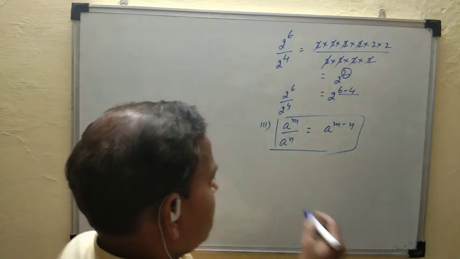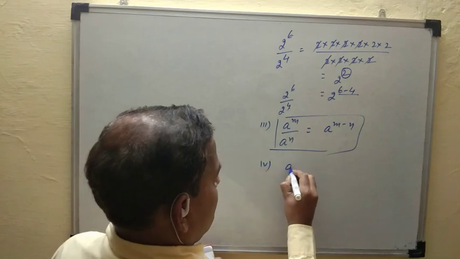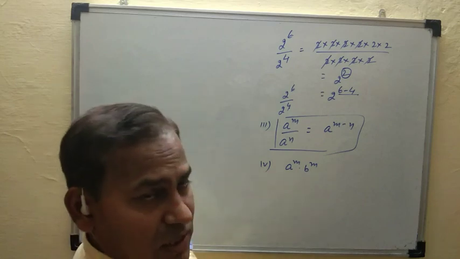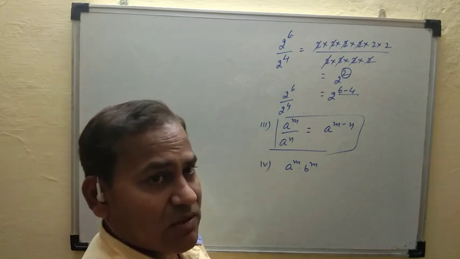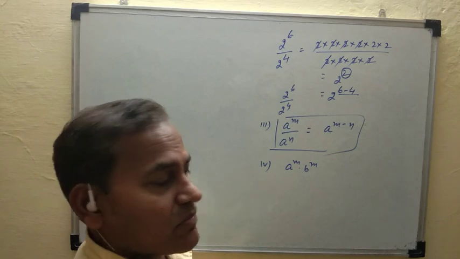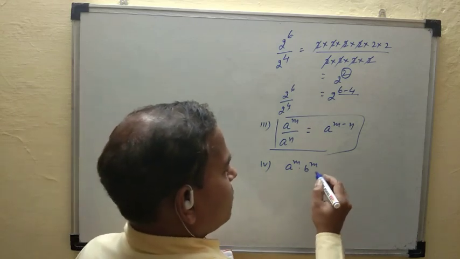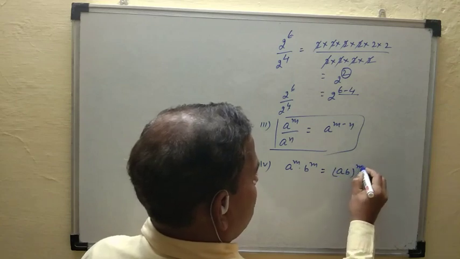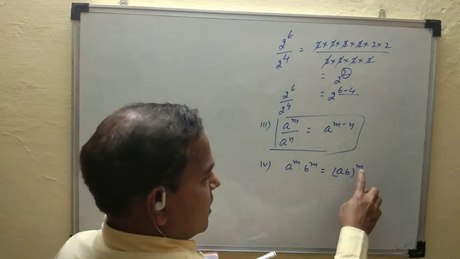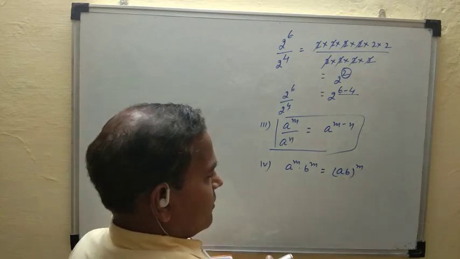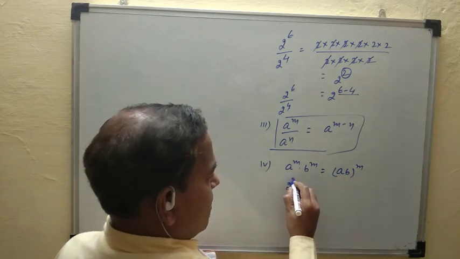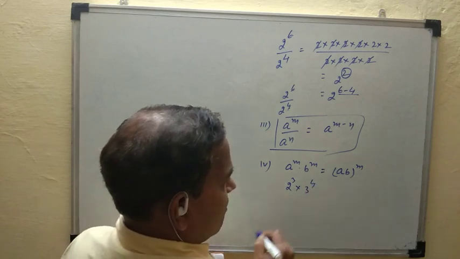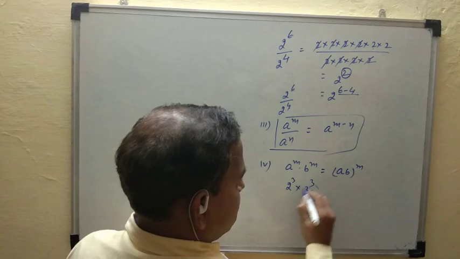And next property: a to the power m into b to the power m. Here a and b are two different bases, but the power is the same. So a to the power m into b to the power m becomes ab whole to the power m. ये m पावर क्या होगा, दोनों पे ही होगा. फॉर एग्जाम्पल 2 to the power 3 into, suppose, 3 to the power 4, sorry, 3 to the power 3.